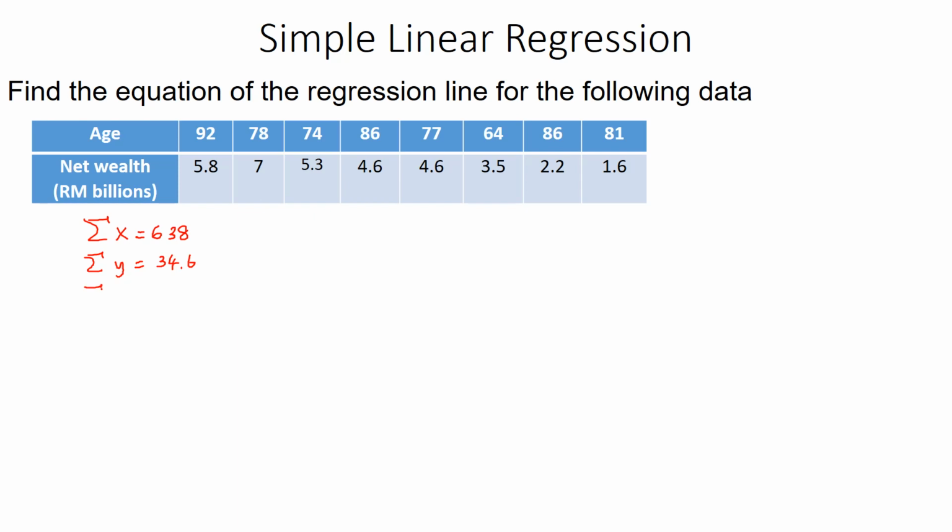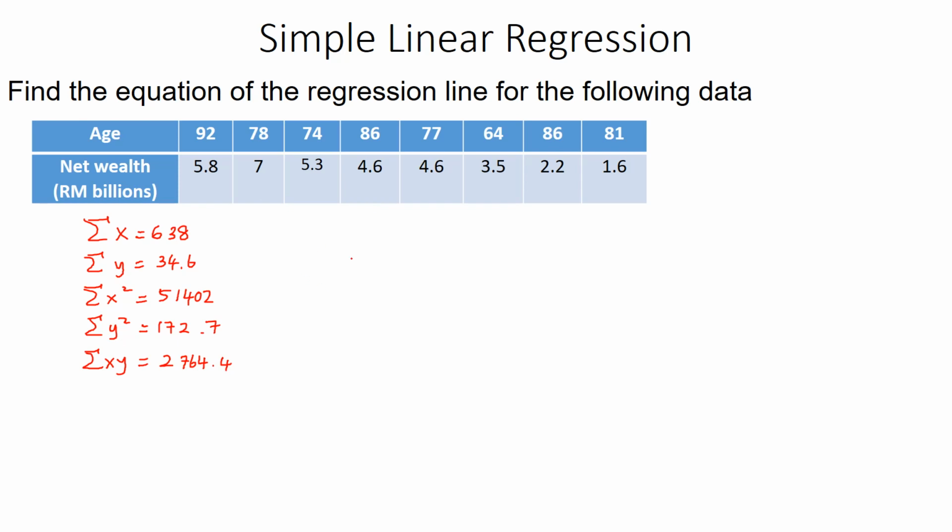The sum of x square is equal to 51402. The sum of y square is equal to 172.7, and the last one, the sum of xy is equal to 2764.4.